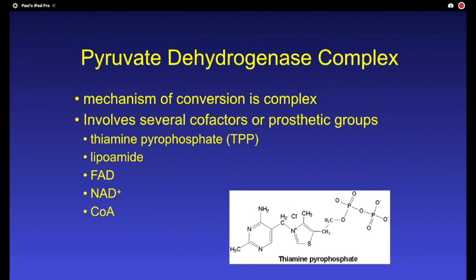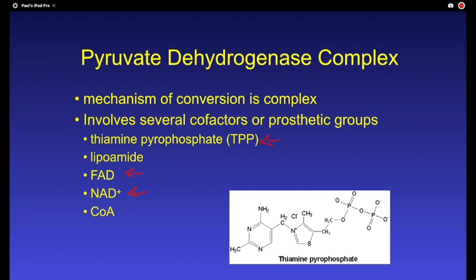Before we actually look at the enzymes themselves, we have to have some cofactors. I described a couple of cofactors for you already: NAD plus and FAD. Those are cofactors that are required. The next cofactor I'm introducing is called TPP, thiamine pyrophosphate.